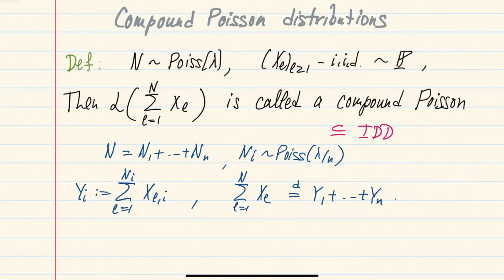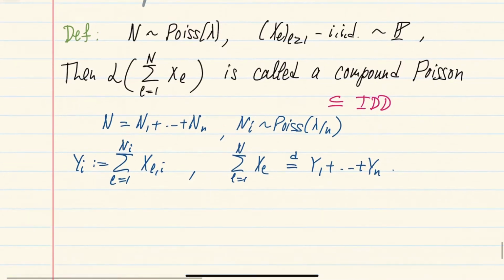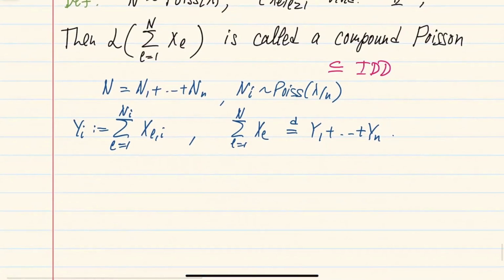So this proves that any compound Poisson distribution is an infinitely divisible distribution, and the reason for that is that Poisson was an infinitely divisible distribution.